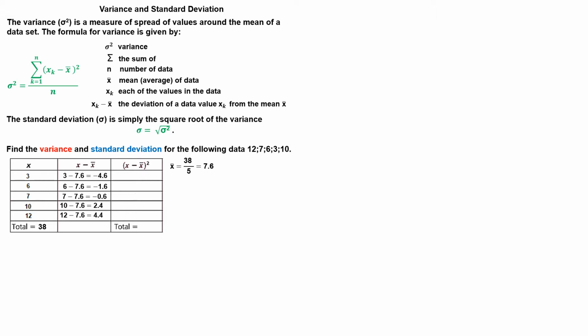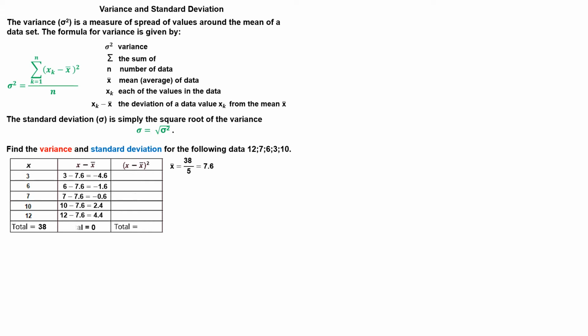We should notice that some of these deviations are positive and some are negative. If we try to calculate an average deviation using these results, the negative deviations will cancel out the positive deviations. To correct this problem, one method is to square the deviations.